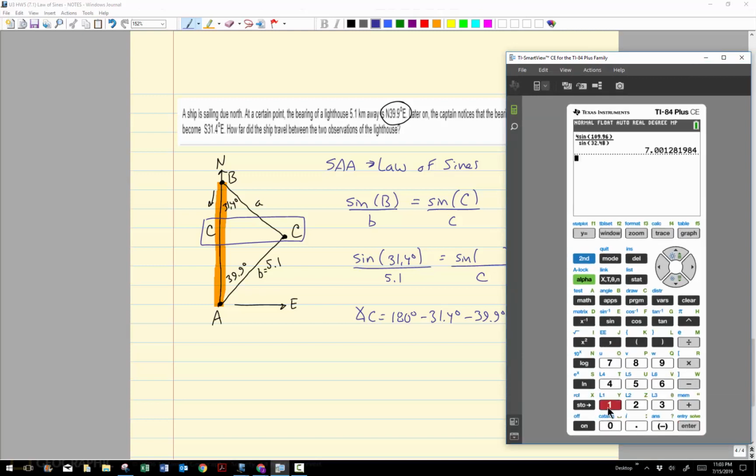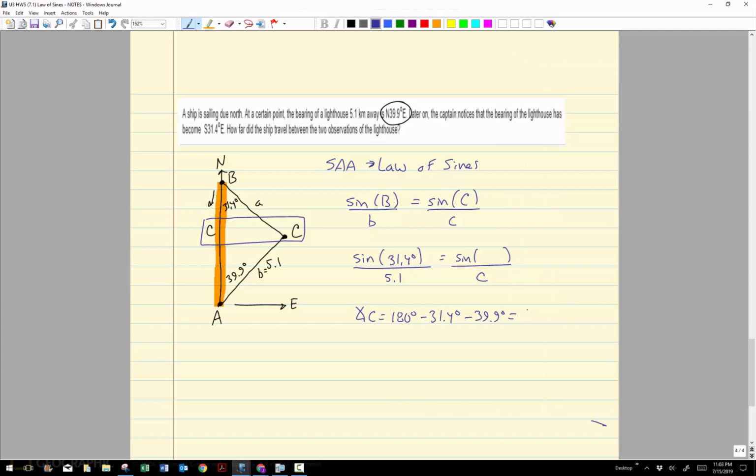Okay, so we have 180 minus 31.4 degrees minus 39.9 degrees. And this is equal to 108.7 degrees.